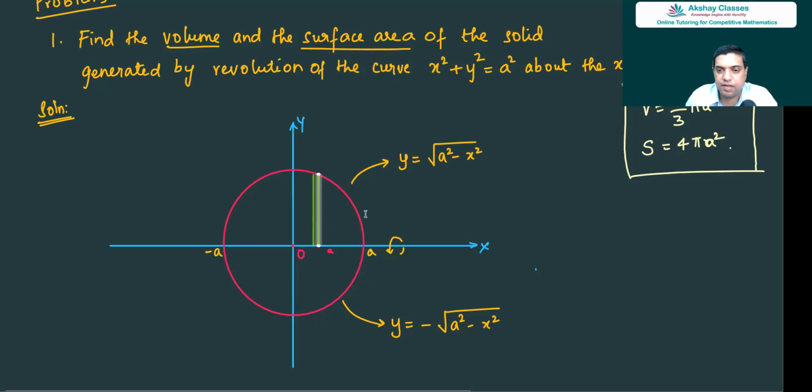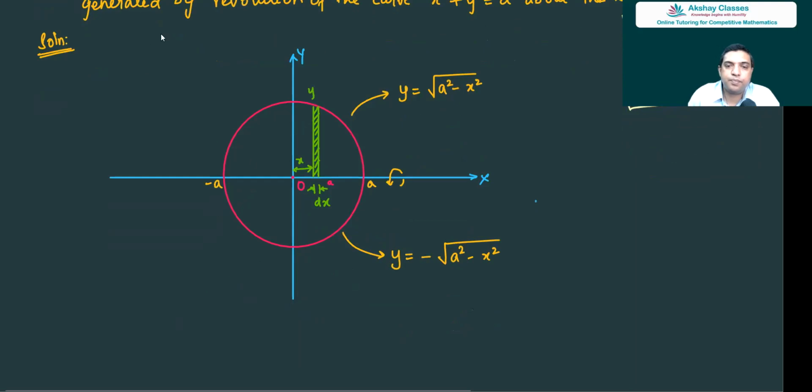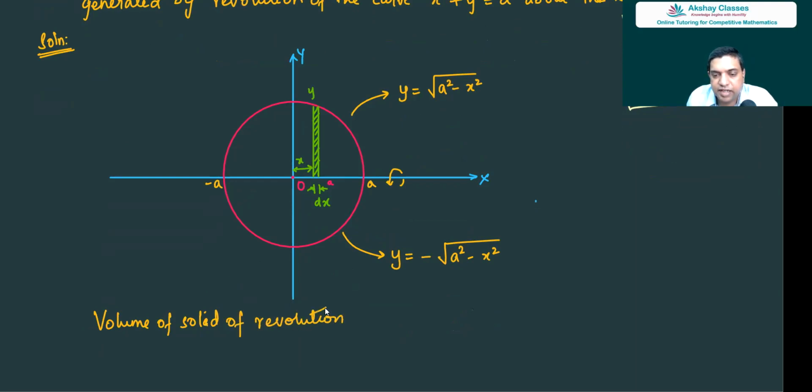So this strip is the volume element. This is dx at a distance of x. This value will be y here. So the volume of the solid of revolution about the x-axis, v in this case.